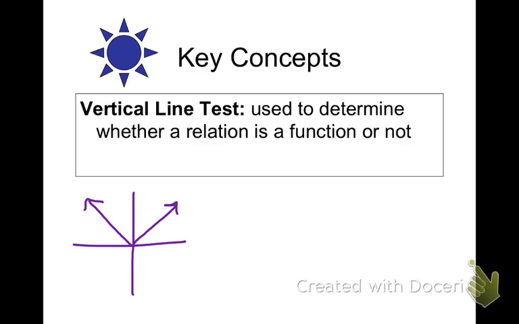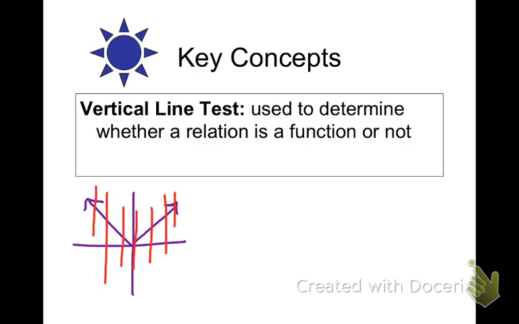For that to pass the vertical line test, I need to be able to make as many vertical lines as I possibly can imagine. Do any of these vertical lines intersect my graph in more than one spot? Nope, this line's only intersecting at one spot, one spot, one spot.